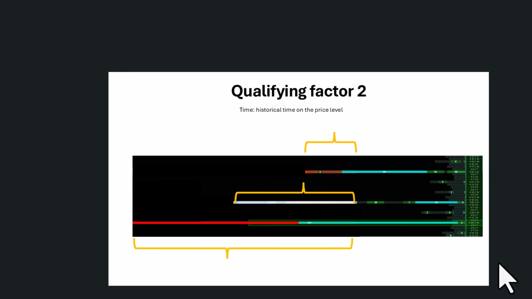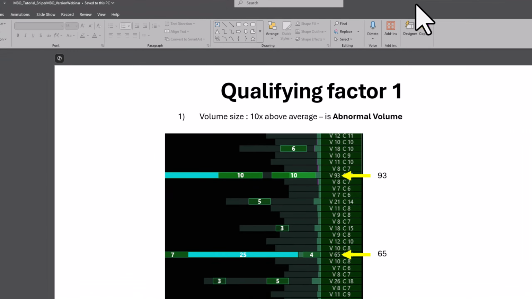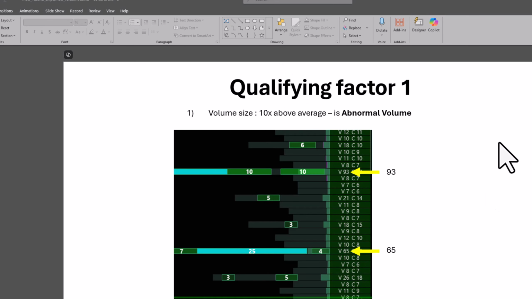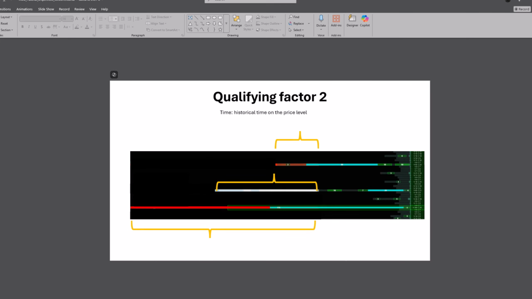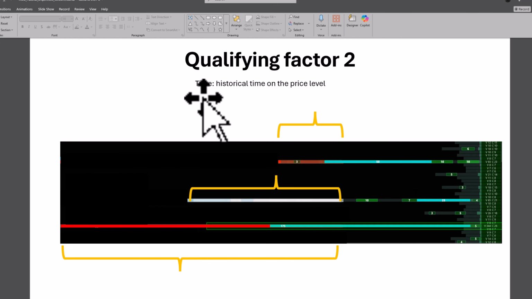So now this is the second qualifying factor, by the way. Yeah, you're seeing it actually now. Okay, now this is the second qualifying factor. It is what? It is the time when somebody puts their order.